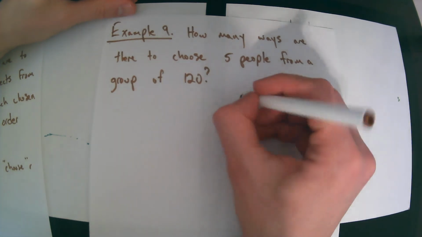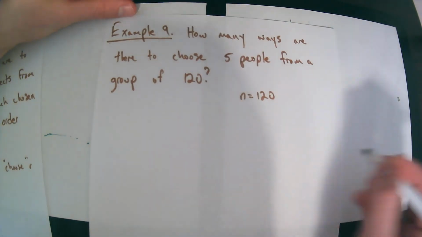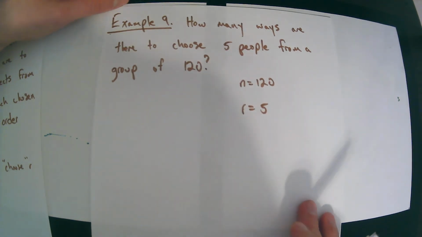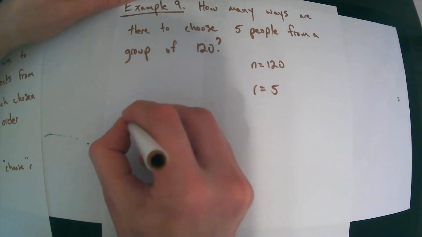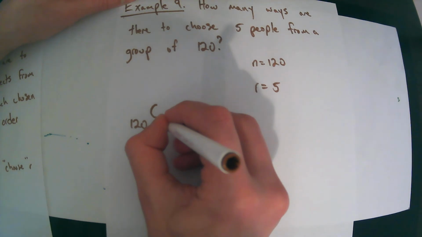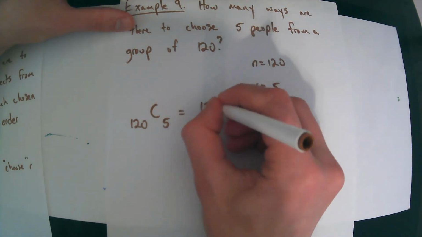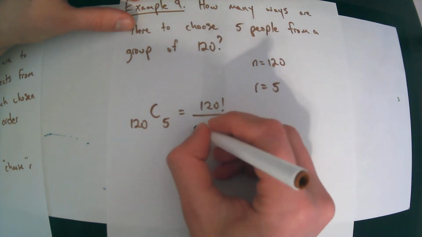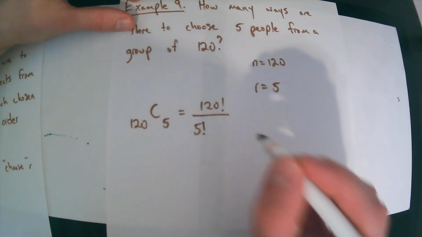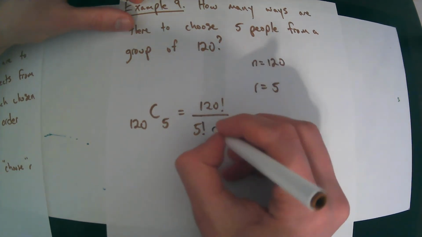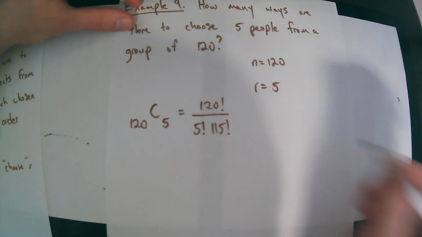So N is going to be the large group, and R is going to be the size of the smaller subset we want. So we would say 120 choose 5 is going to be equal to 120 factorial over 5 factorial times the factorial of the difference, so 115. Okay.